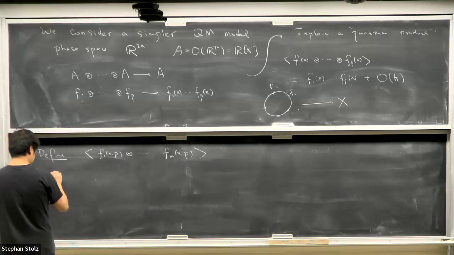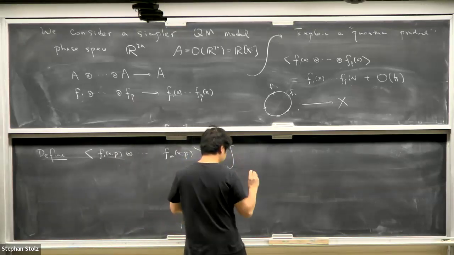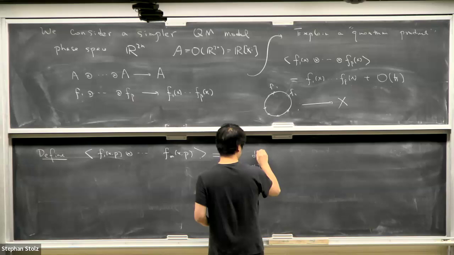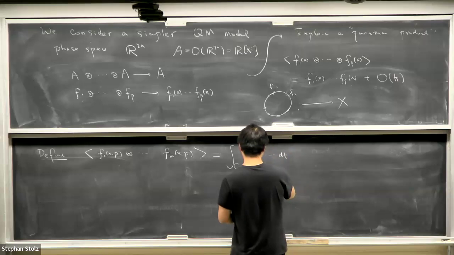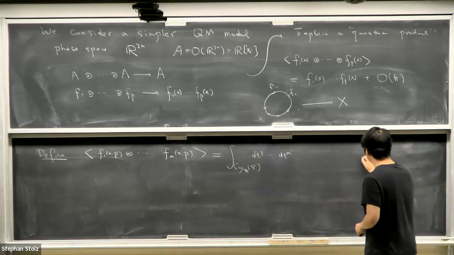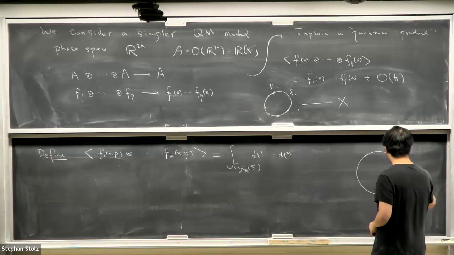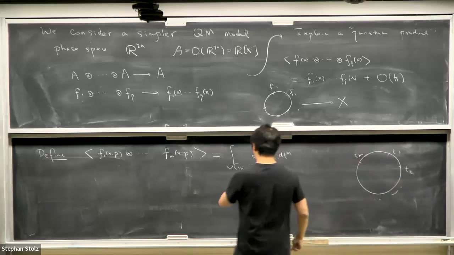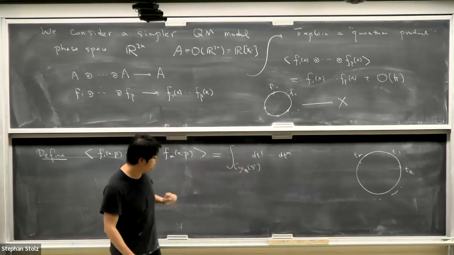And this is the definition. It's given by an integration. So let me first write it down. I insert m points on the circle in cyclic order. This is one particular connected component of the configuration space of m points on the circle in cyclic order.